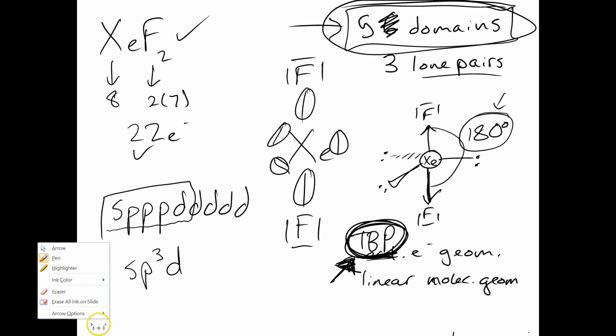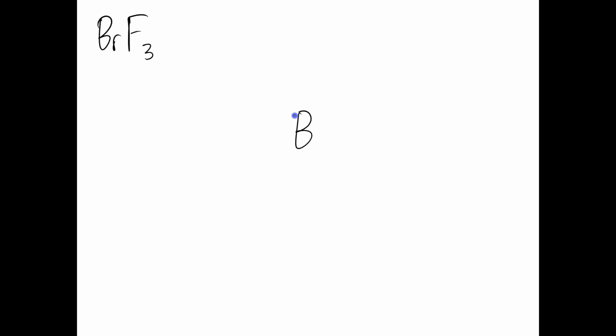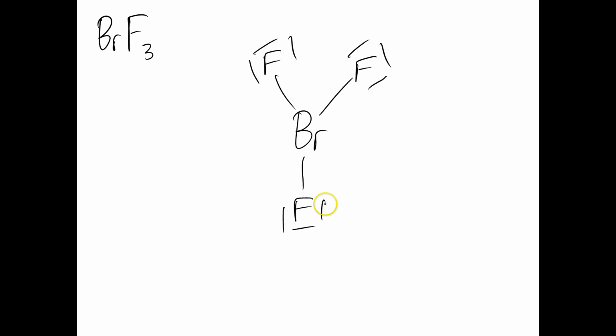Okay, let's move on to our last example here. BrF3. BrF3 puts Br at the center, 3 F's coming off, completing octets all the way around, and BrF3, 7 electrons for my Br, 3 F's at 7 apiece, brings me to a total of 28 valence electrons I should have in my structure.